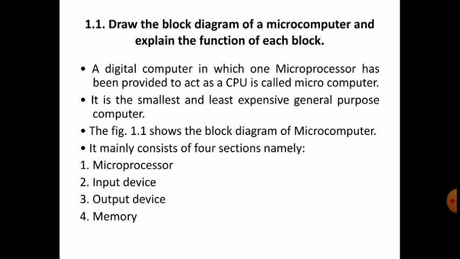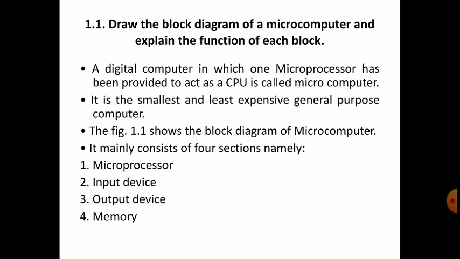Now see the theory part. A digital computer in which one microprocessor has been provided to act as a CPU is called a microcomputer. In the topic we have a microcomputer, right?